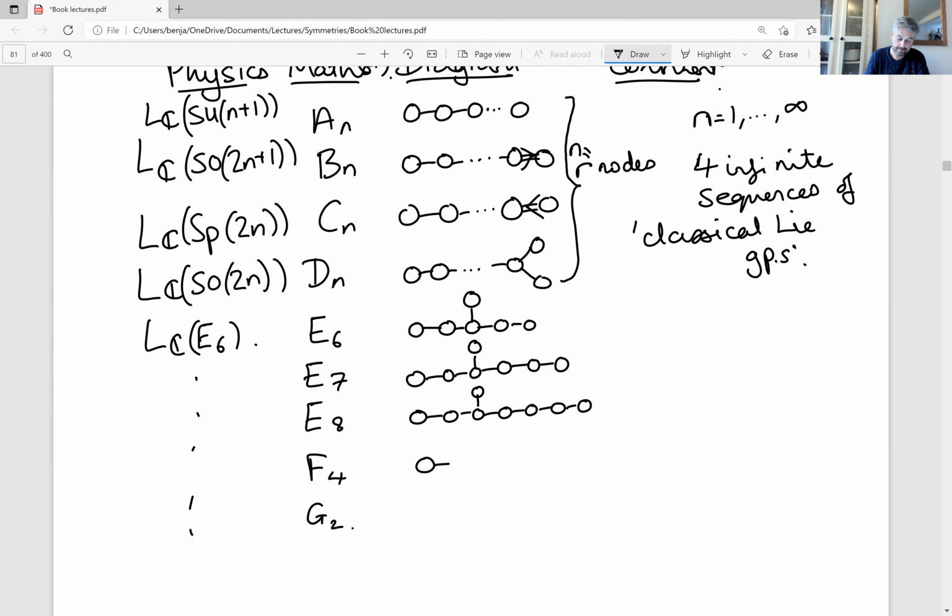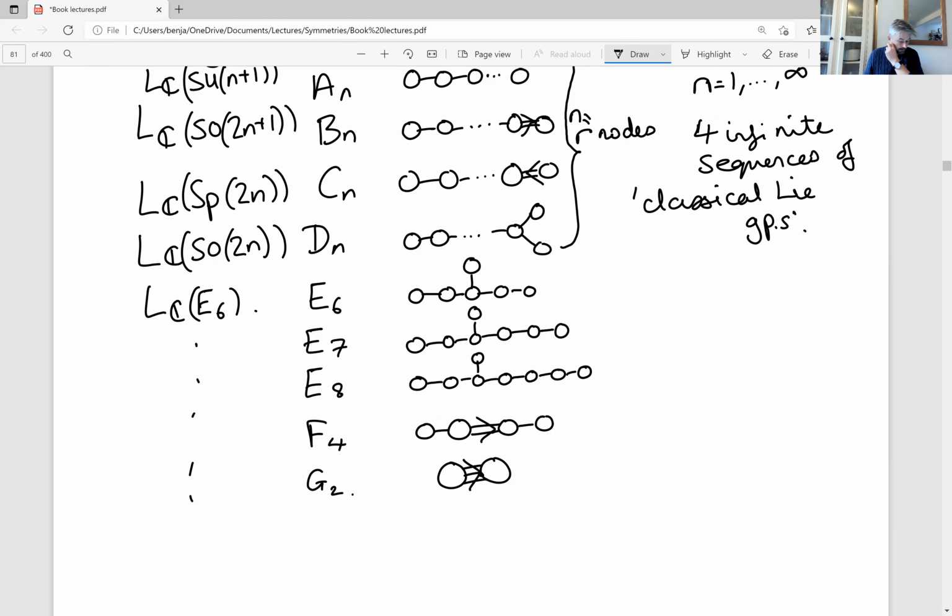You'll notice that in the maths notation, the suffix is the number of nodes. There's only one Lie algebra in this classification with 3 lines, and that's this G2 exceptional Lie algebra.